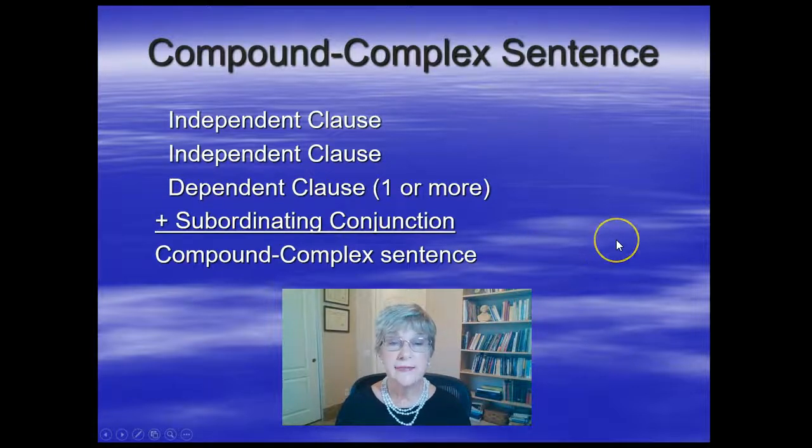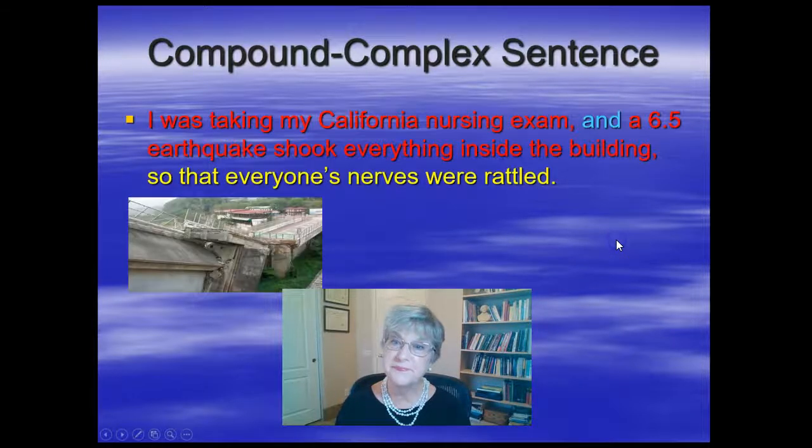So let's see an example. Here is an example of the compound complex sentence. I was taking my California nursing exam and a 6.5 earthquake shook everything inside the building so that everyone's nerves were rattled. Let's take apart this sentence and see what makes it a compound complex sentence.